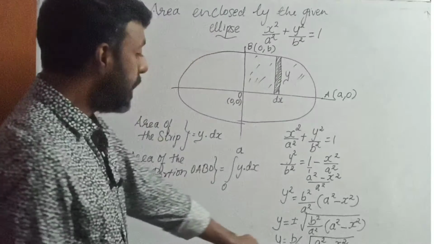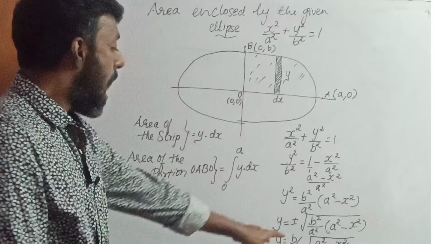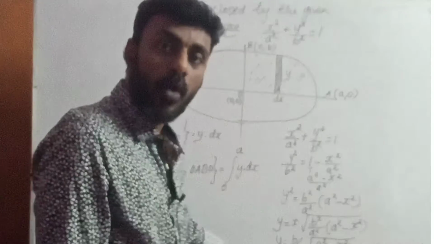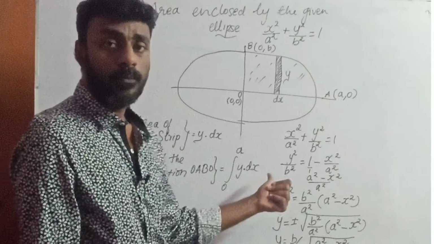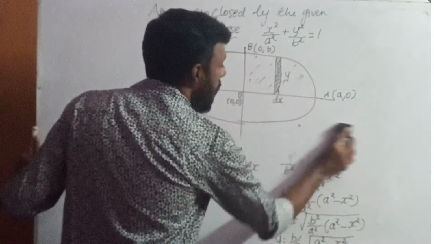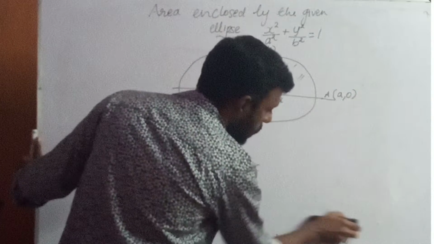So now what I'm going to do is substitute the value of y, which I just got, in the integral. I'm just erasing this part, with just the y value.